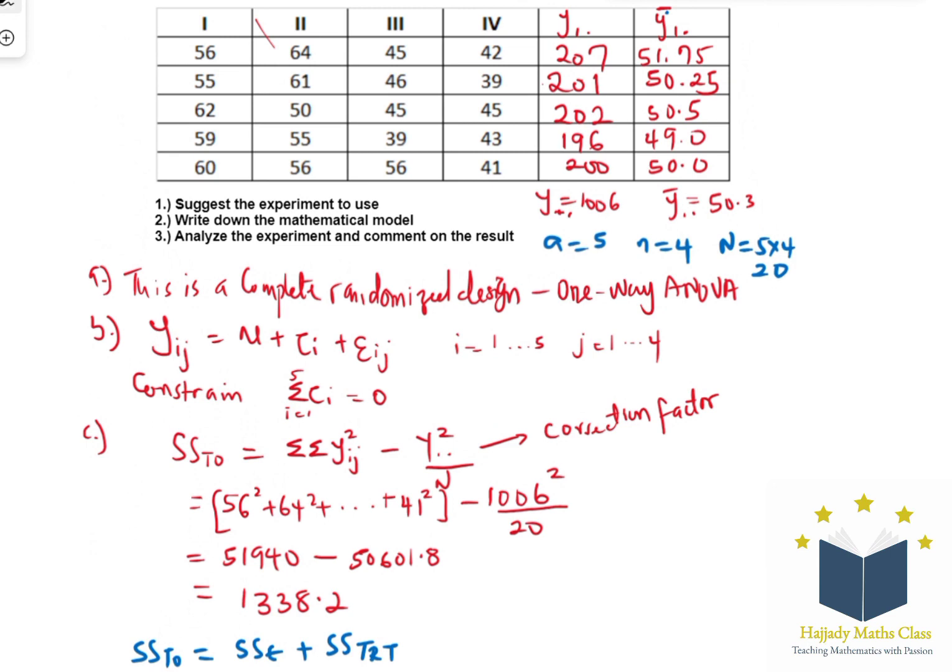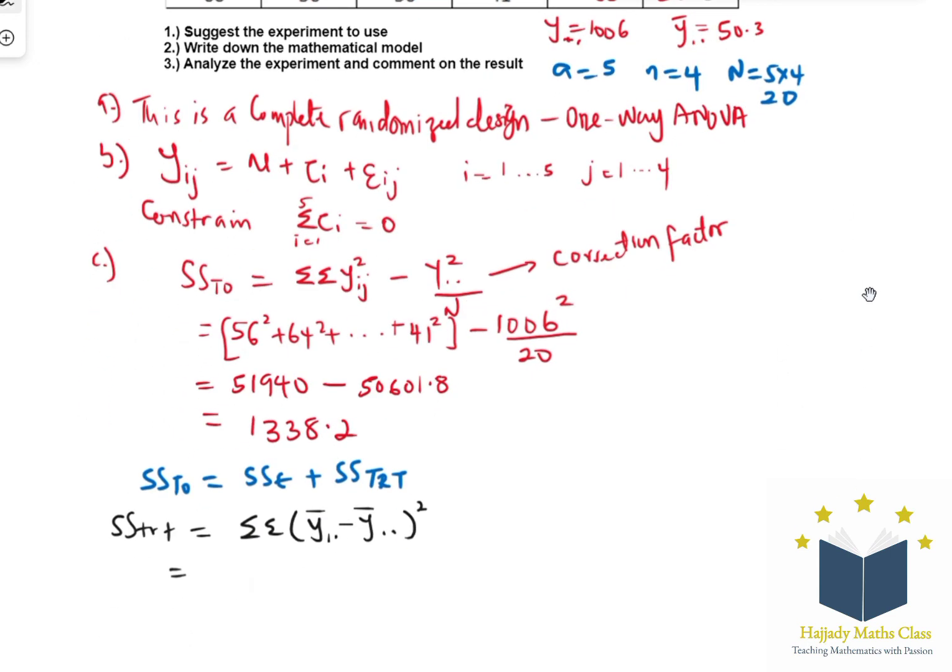Looking at my ȳi. here, the first one is 51.75. Here I'm having 51.75 minus ȳ.. bar squared, which is the grand mean, 50.3, all squared, plus up to the last mean.